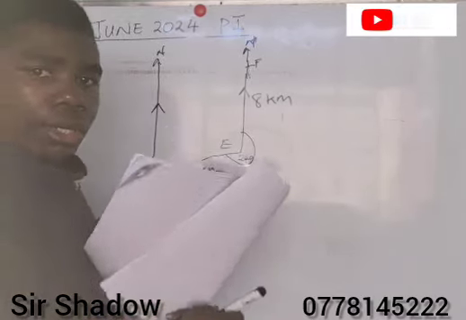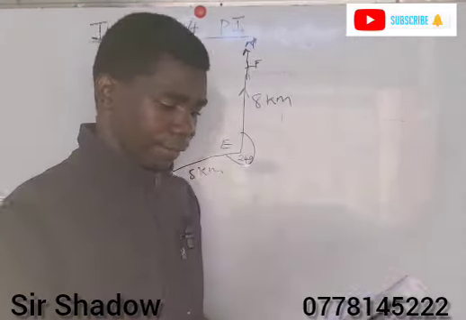Then you are given in the diagram above, school F is 8 kilometers from school E. From E to F is 8 kilometers. Then school G is 5 kilometers from E, on a bearing of 240 degrees.